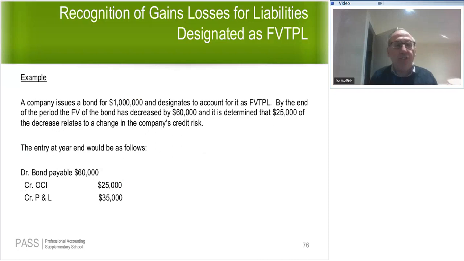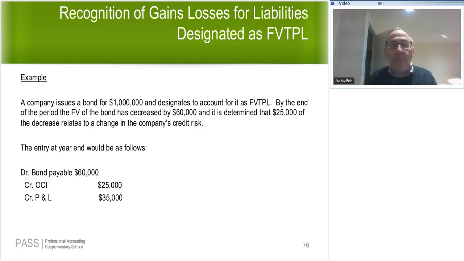So the value of the bond fell for two causes, one being just changes in the marketplace, one being an increase in credit risk. The portion of the change that relates to the credit risk increasing gets credited to OCI. The bond fell by $60K, $25K of the reduction related to credit risk, that goes to OCI.